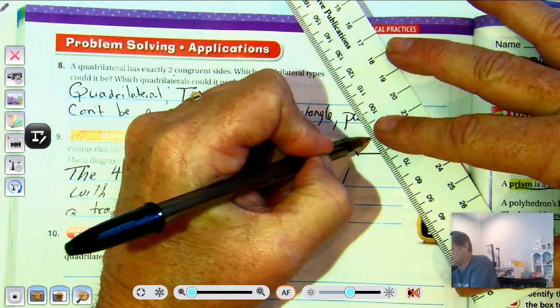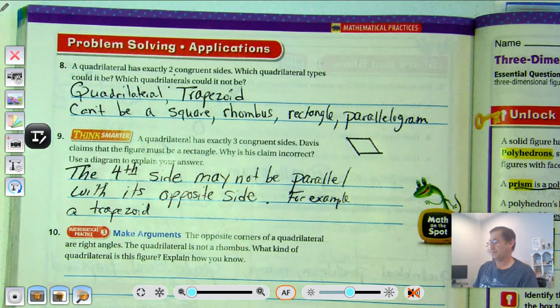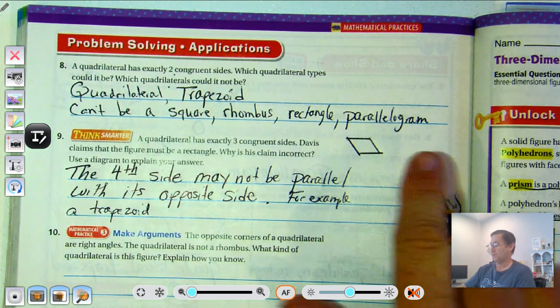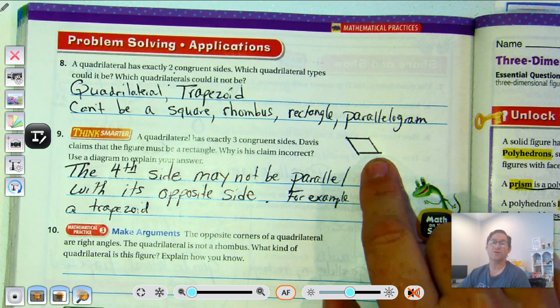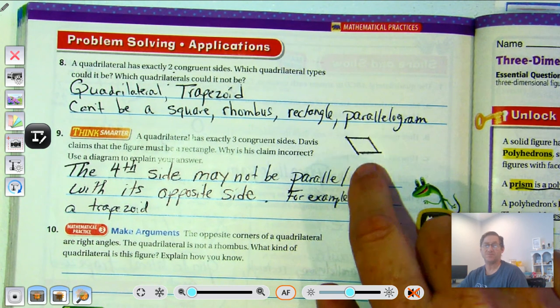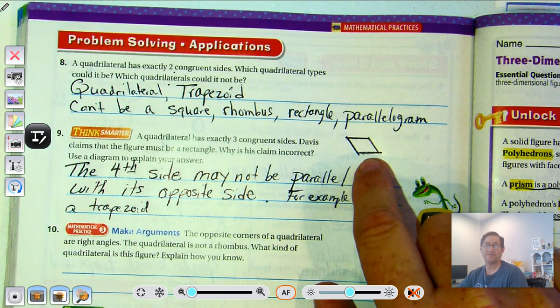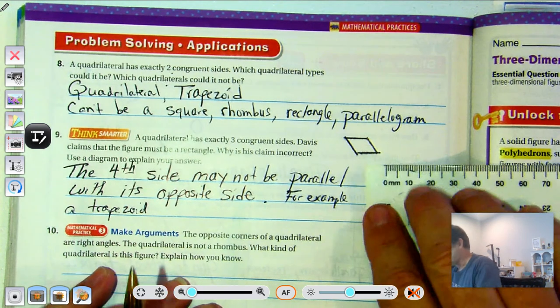Okay. So looking at this, actually this is 4 congruent sides. Okay. But even looking at this one, it had 3 congruent sides, but it's not a rectangle. None of the angles are right angles. Okay. Let's try another shape.